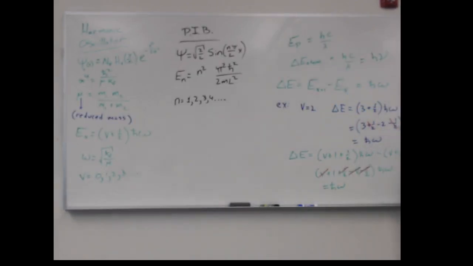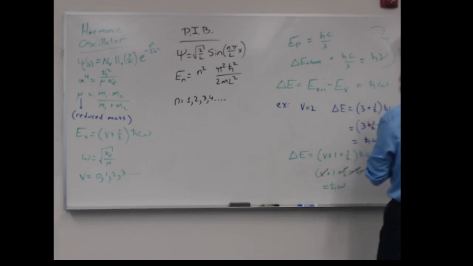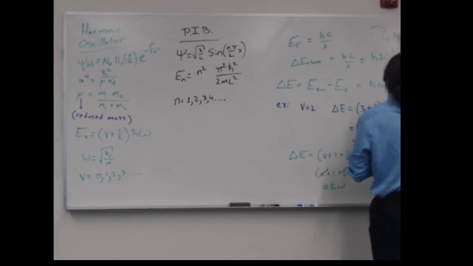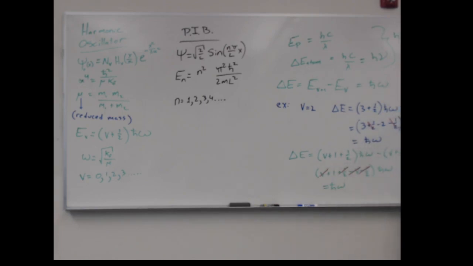But what we can do here is essentially use these two things, and we can have h nu equals h bar omega. Right, so our frequencies are related to each other. Now, if we know the definition of omega to nu, this shouldn't be surprising.